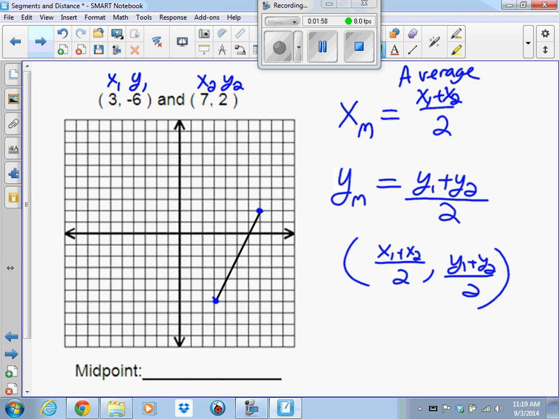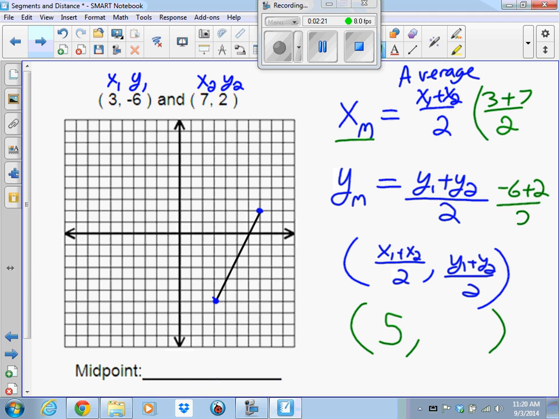So here, the x of my midpoint is going to be 3 plus 7 divided by 2. That is going to give me 10 divided by 2, which is 5. So the x of my midpoint is 5. Same thing with my y's: -6 plus 2 over 2.